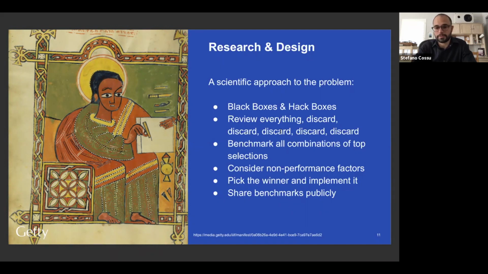Then I started reviewing everything that I could find that was a IIIF implementation, all the possible combinations of image quality, image compression algorithms, image formats, and so on. So discarding what didn't respond to certain initial parameters or criteria, and when I came up with a short list of these elements, I ran a benchmark of all these combinations.